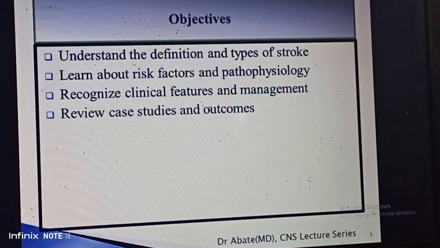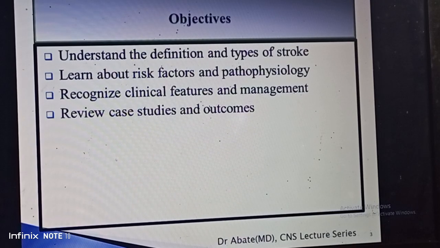You will recognize the clinical features and the management of a stroke. And finally, we'll have a review of case studies, and we'll see the outcomes of the patient at the end of the session. So let us start with the first part of this lecture.